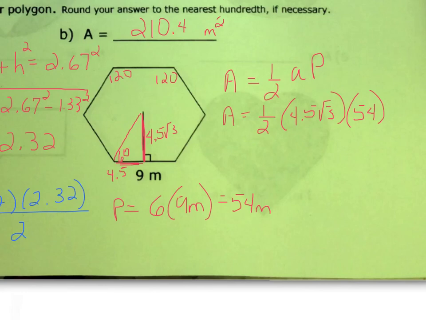Times square root of 3, it gives you the same answer, 210.4.